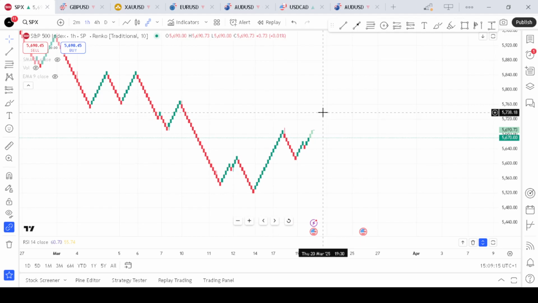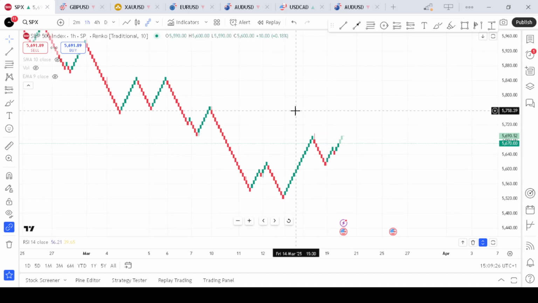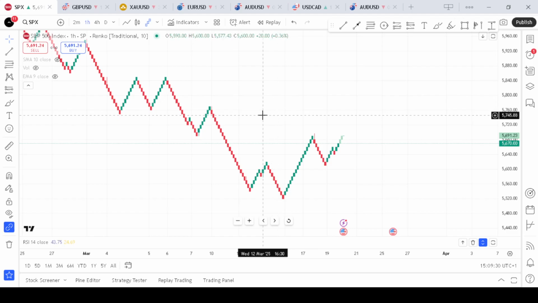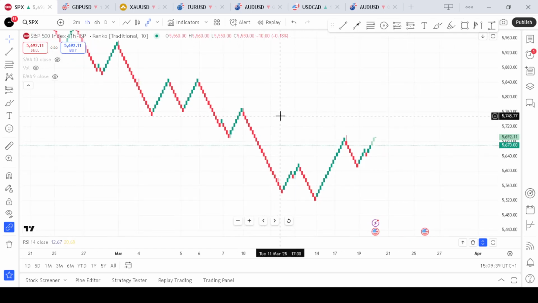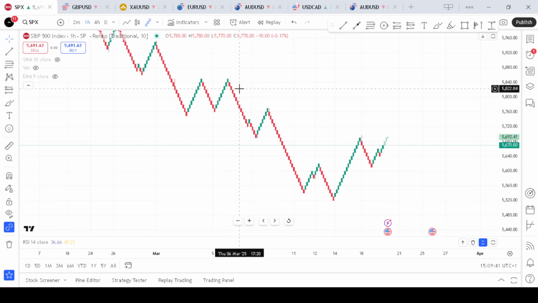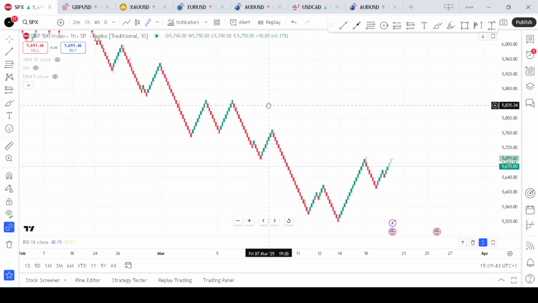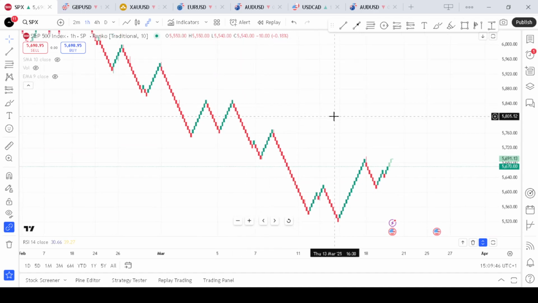Now there are several advantages that we need to take into account for traders that want to make use of the RENKO charts. One of the first advantages is the RENKO chart provides clear trend identification. By eliminating minor price fluctuations, the RENKO chart makes it easier to spot an overall market trend. The second advantage is it helps reduce noise.